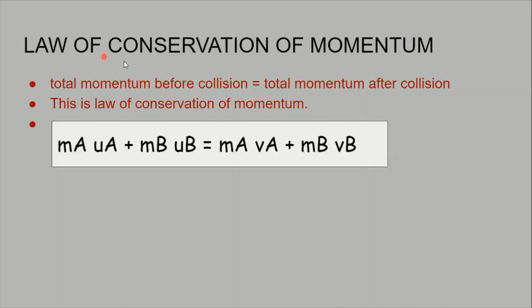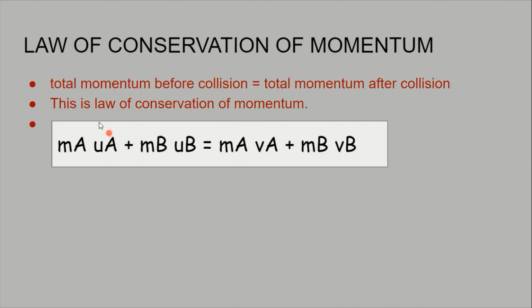Now let's see the law of conservation of momentum. Total momentum before collision is equal to total momentum after collision. This is the law of conservation of momentum. Now let's see a formula for the law of conservation of momentum. maua + mbub = mava + mbvb.